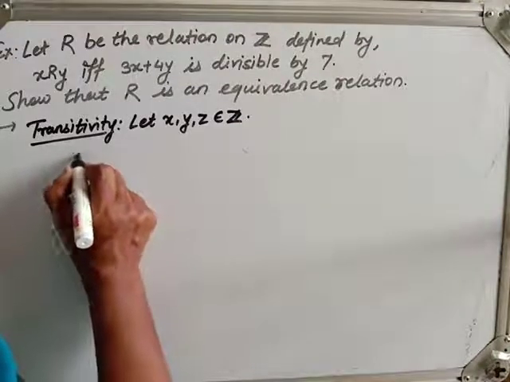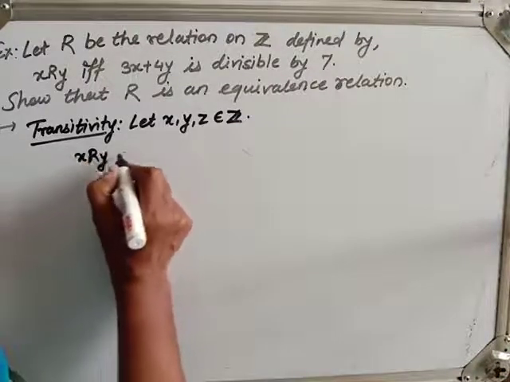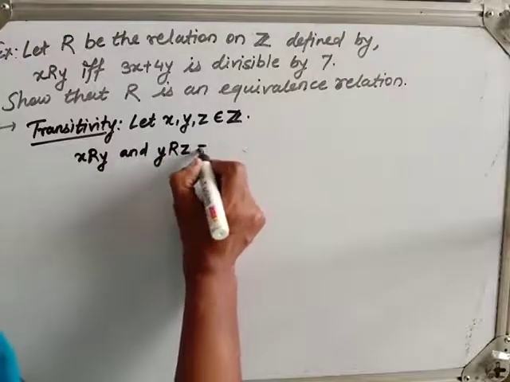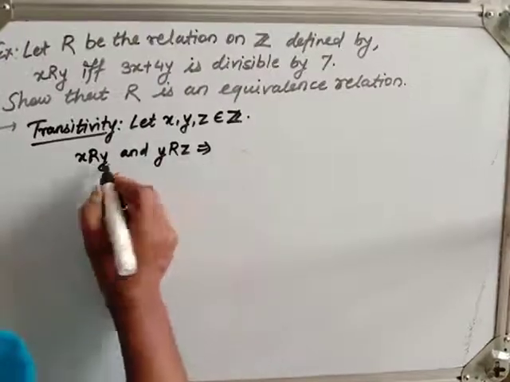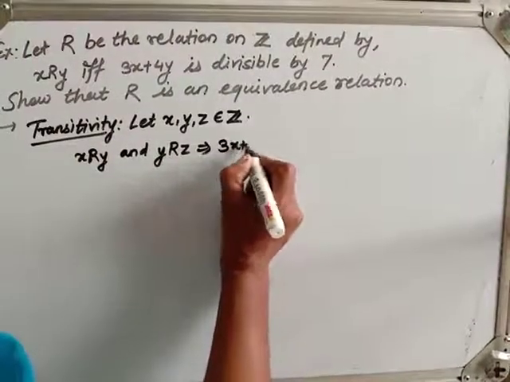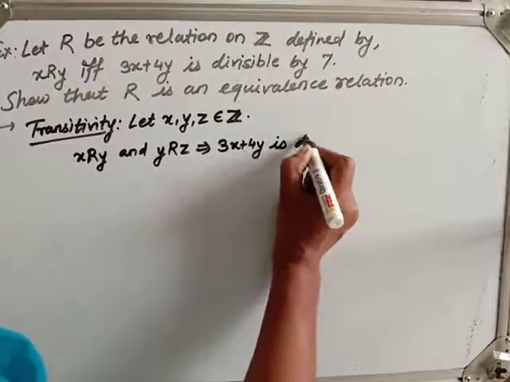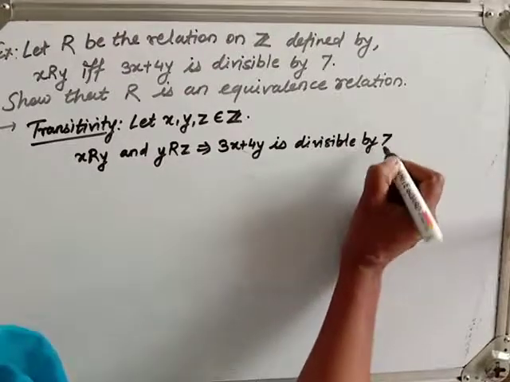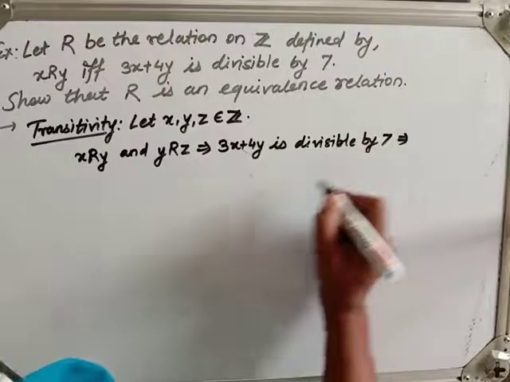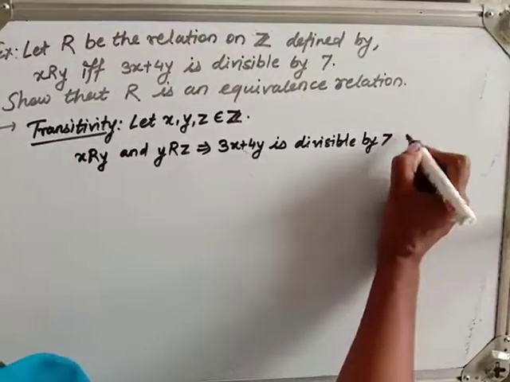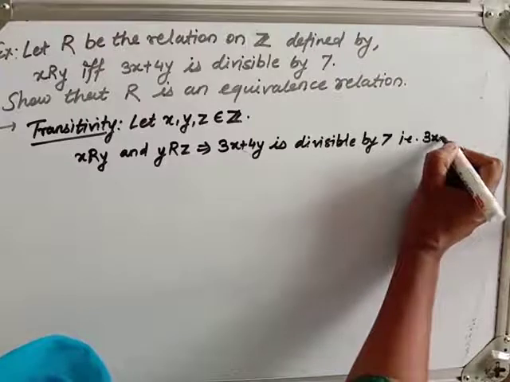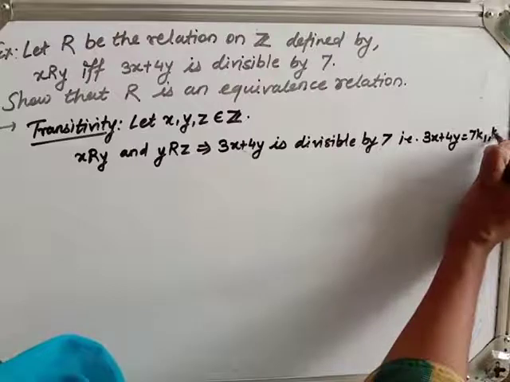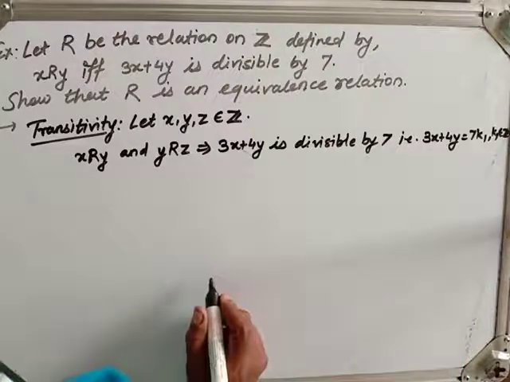Now here x related to y and y related to z. So x related to y says 3x plus 4y is divisible by 7. That is the same as to say 3x plus 4y is equal to, suppose, 7 times k1, where k1 is some integer.